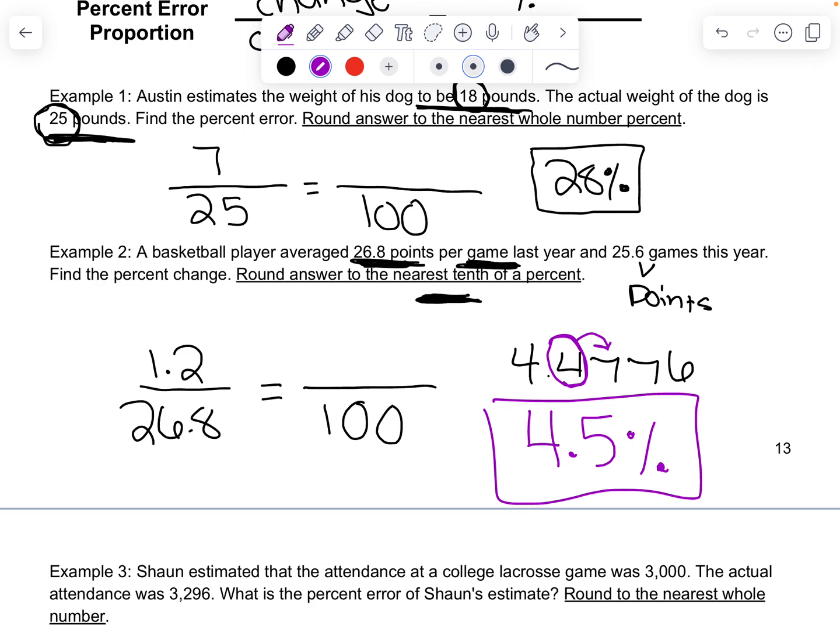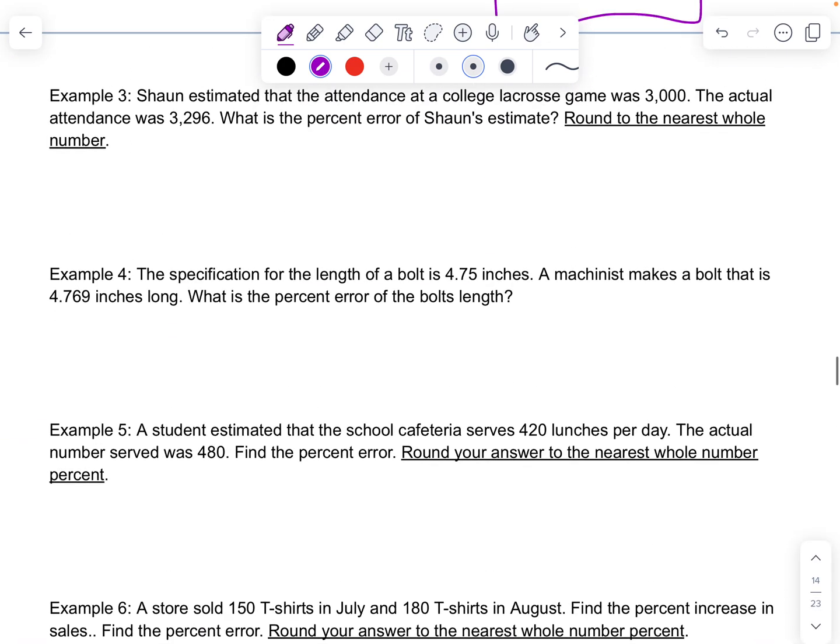All right, flip it over to example 3 on the back. So Sean estimated that the attendance at a college lacrosse game was going to be 3,000. However, the actual attendance ended up being 3,200. We want to find the percent error. So when we are doing percent error, the top is going to be the change.